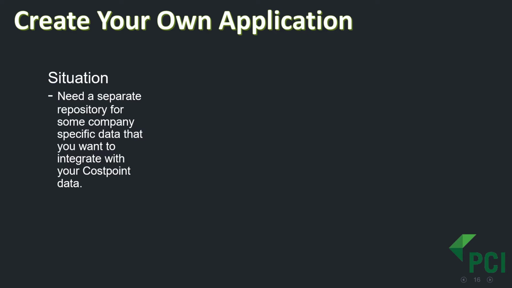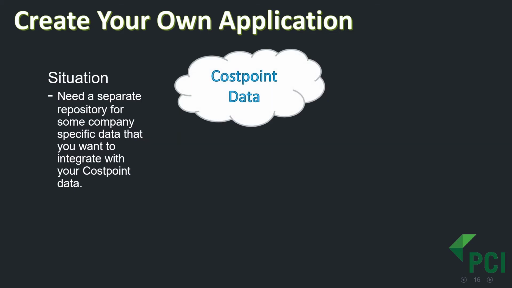This data you use to integrate with Costpoint data. So your Costpoint data is either stored in the cloud or on your on-premise database. You pull it down to your computer, either using an ODBC connection, or you may have Cognos reports set up to basically do Excel extracts.